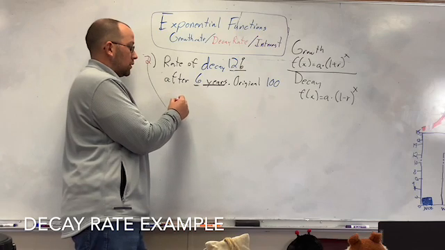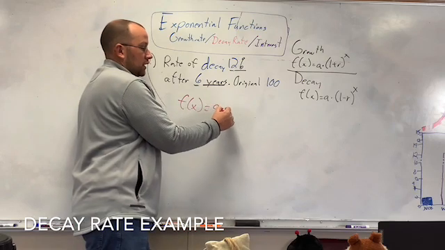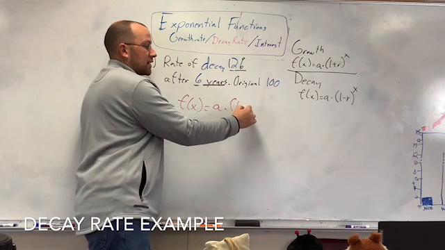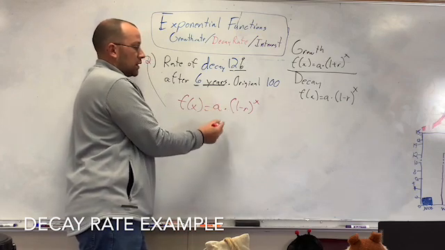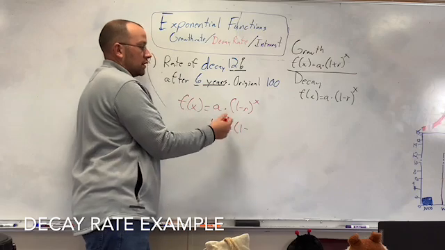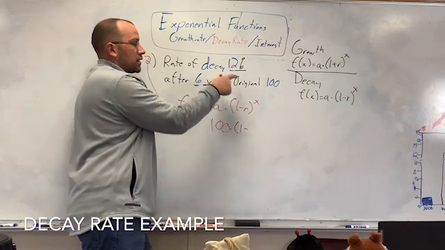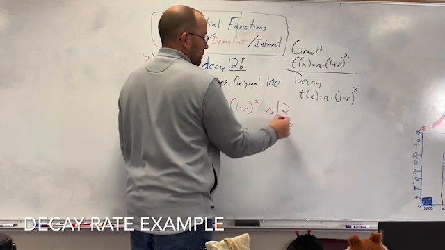All right, so f of x equals our decay. The other way to say decay is it goes down or loses interest, anything like that. So our original here is 100 times 1, which is just 1. Then our rate is 12. To find our rate, we take whatever it is and divide it by 100.